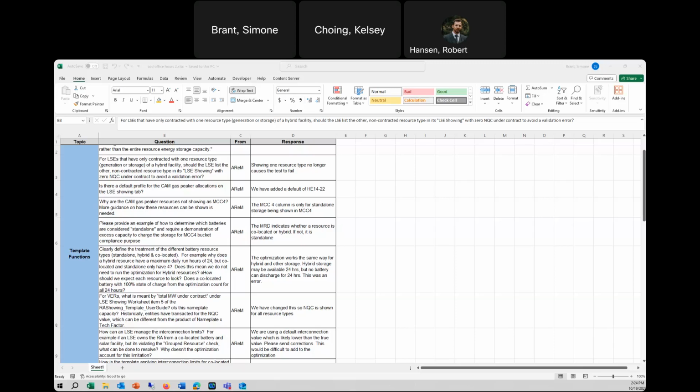Originally, in the draft versions of the MRD, I had just the current NQC, but this one now has the slice of day NQC values, which are the peak hour for solar and wind. So those are what we should use on this slice of day. Okay, thank you.